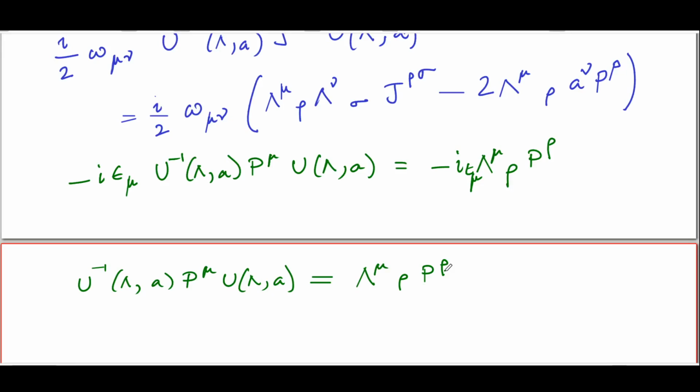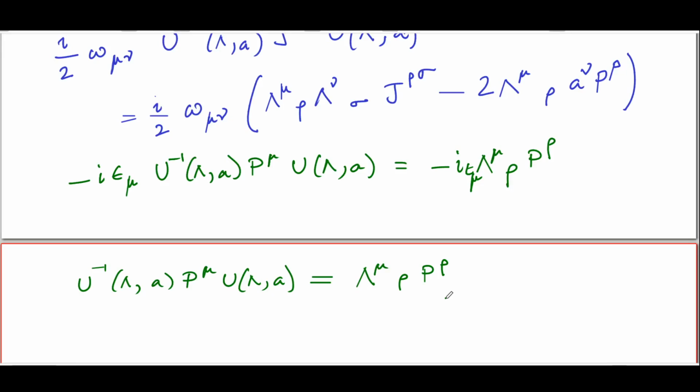So under a Lorentz transformation, the muth component of P changes into lambda mu rho P rho, and that should not come as a surprise at all. This is exactly how the components of a 4 vector are supposed to transform. Momentum is a 4 vector, and the momentum operator corresponds to a 4 vector quantity. The way it transforms under a Poincare transformation is exactly the way a 4 vector is supposed to transform.